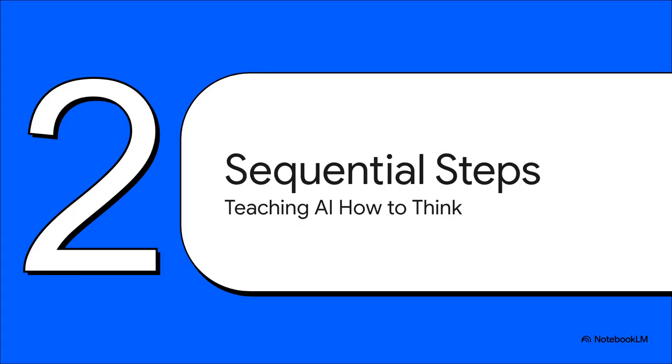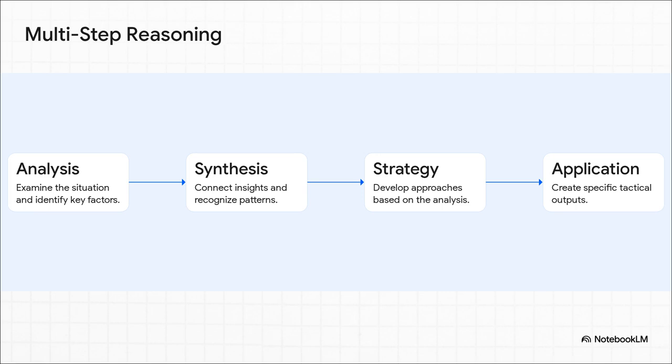So, how do we actually start teaching the AI to think? Well, the first technique is all about getting it to reason in sequential steps. We're going to break down those big, complex problems into a logical sequence, basically making the AI follow the same path our own minds would to analyze a situation. This whole process has 4 really clear phases.